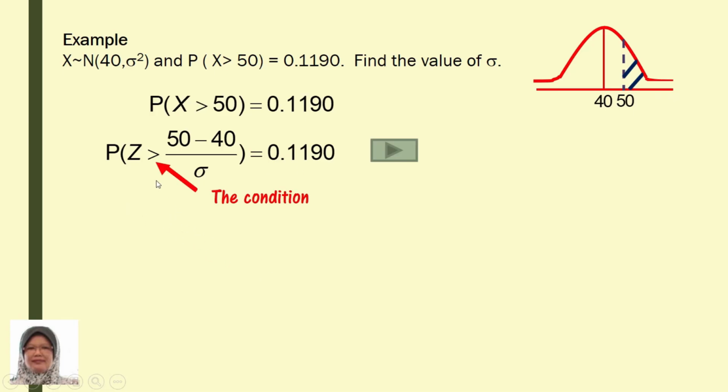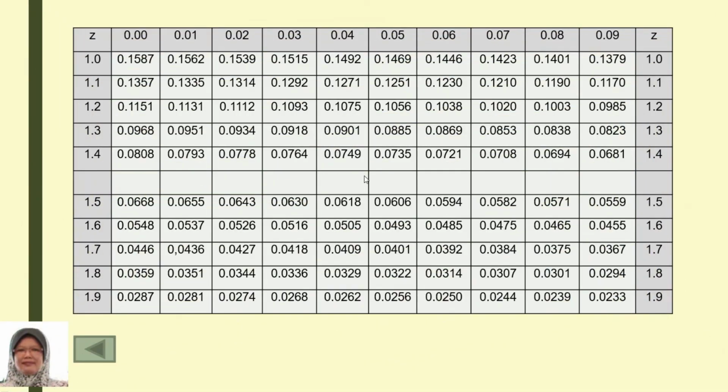Okay, we look at the condition. We have the symbol greater than and the area is 0.1190. So both conditions are suitable for us to read the answer from the table. From the table, we look at 0.1190, and we look at the first column, we get 1.1 and the first row 0.08.